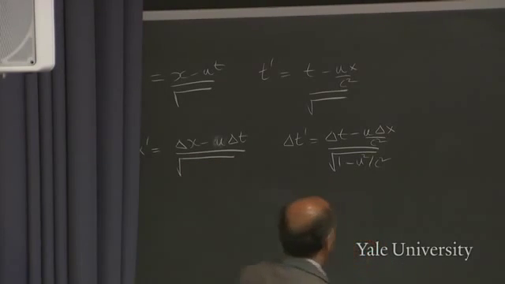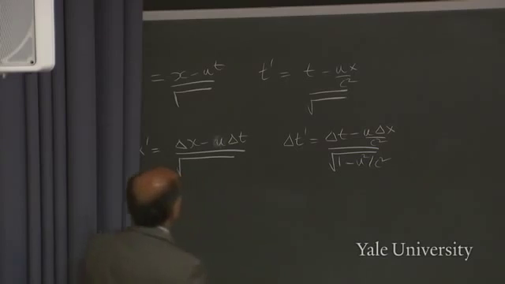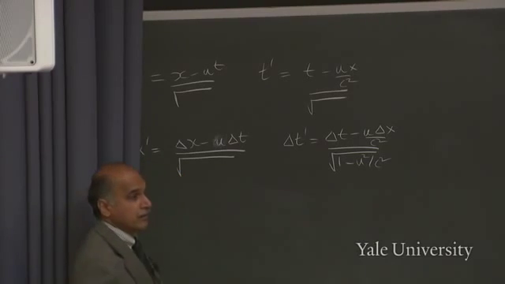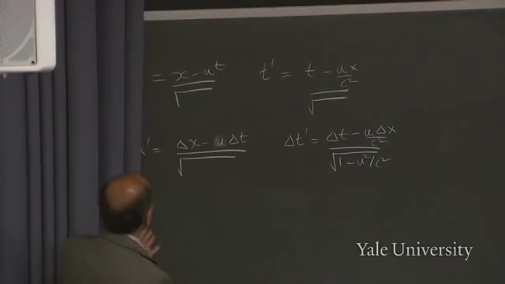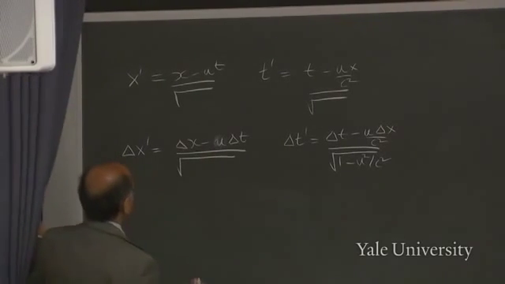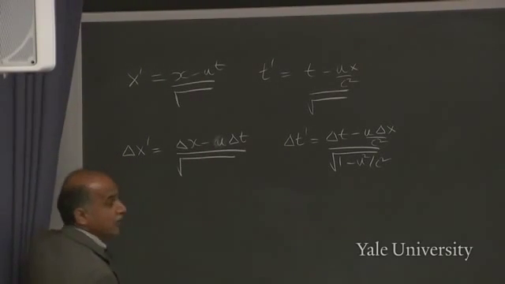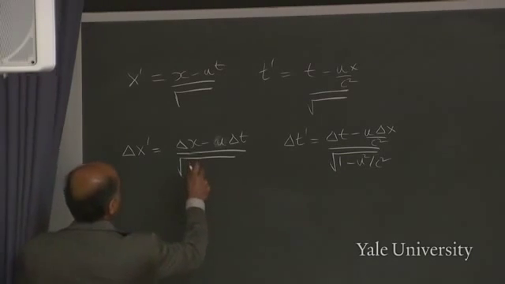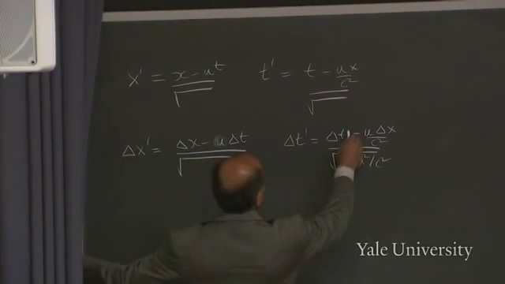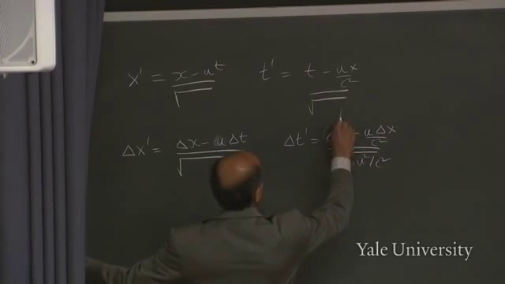You remember that? For example, I said take a clock that you are carrying with you. Or let's take a clock that I am carrying with me, and let's see how it looks to you. And let's say it goes tick and it goes tick one more time. So for me, the time difference between the two ticks will be, let's say, 1 second.